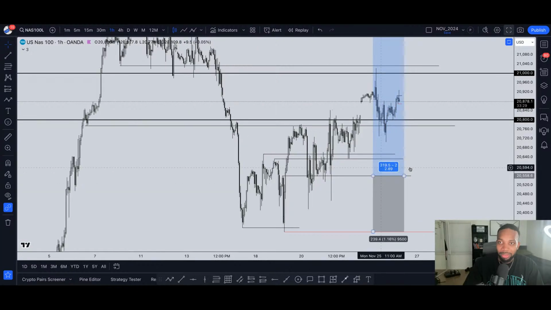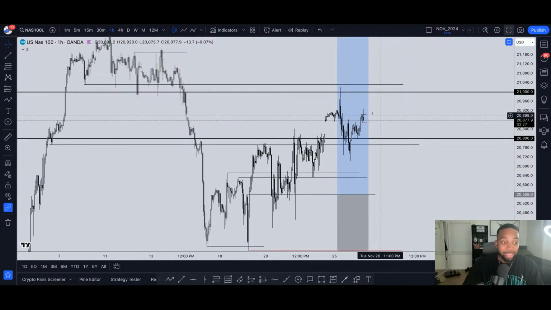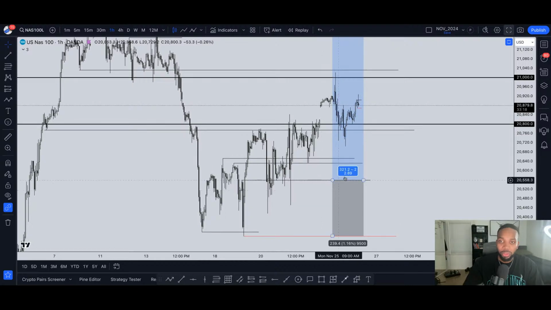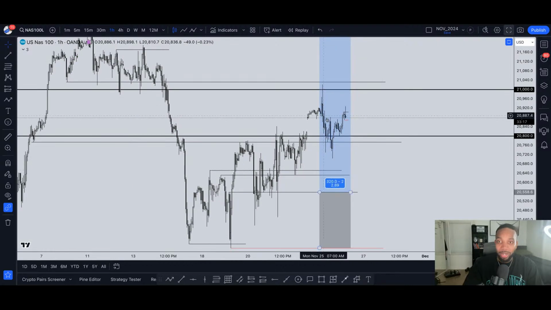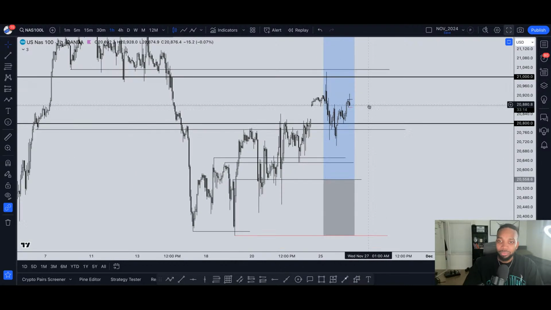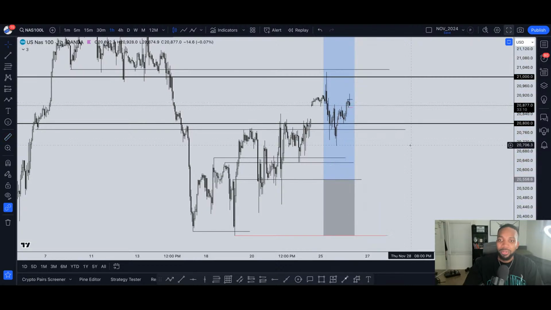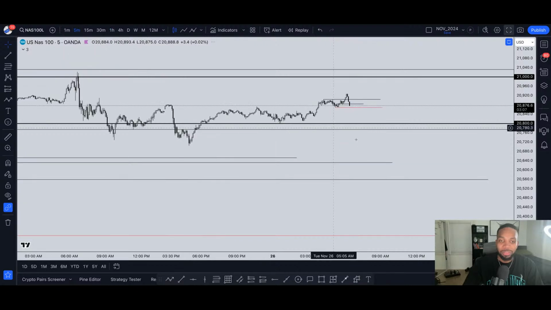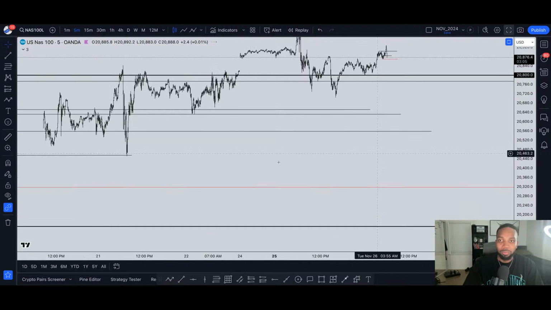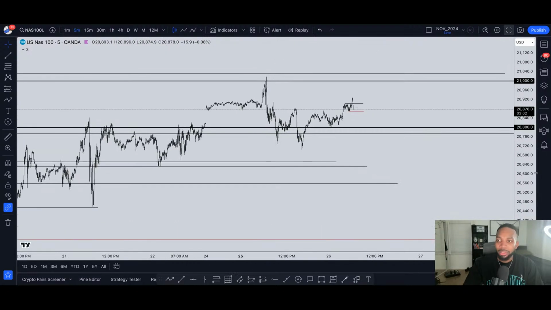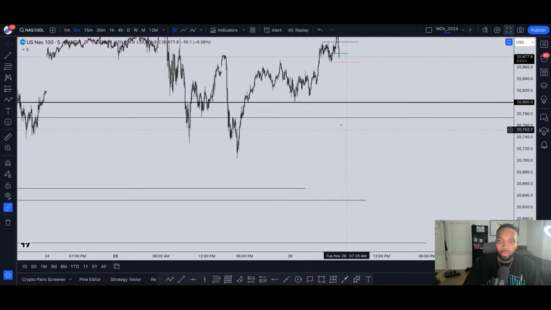So the fact that price is up here, I'm personally not going to enter any trades up here because we did move so far away from the original entry. At this point, we're just fighting for scraps. Price has already moved like 300, 400 pips. Any trades up here would be more of a high risk because we've already taken multiple positions down there, and we've already moved so far away.